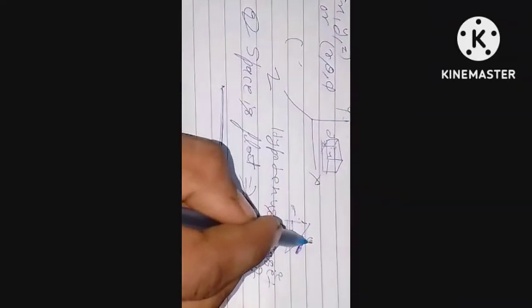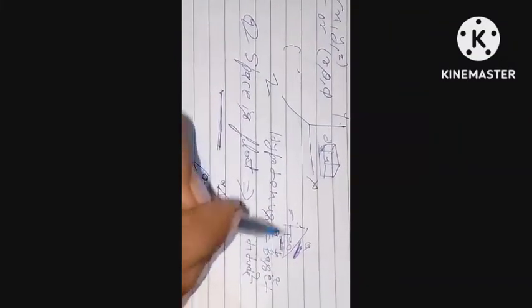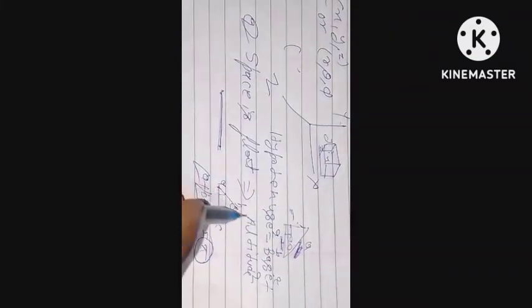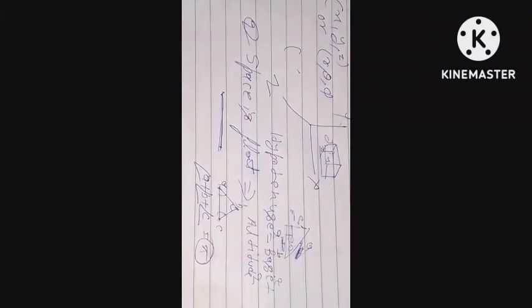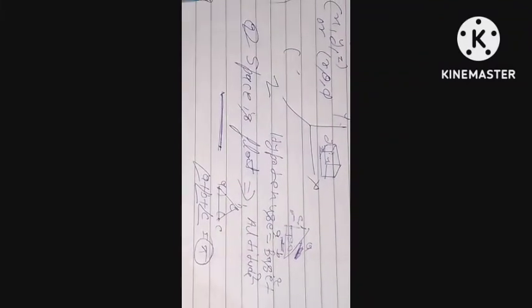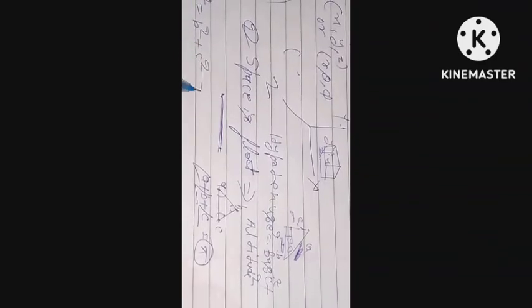If hypotenuse is A, base is B, and altitude is C, then hypotenuse A square equals base B square plus C square.